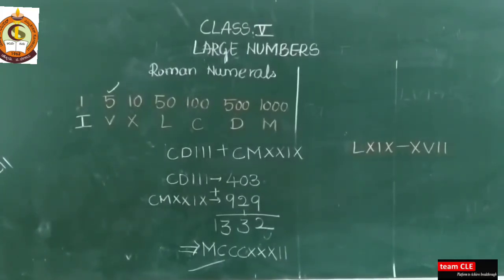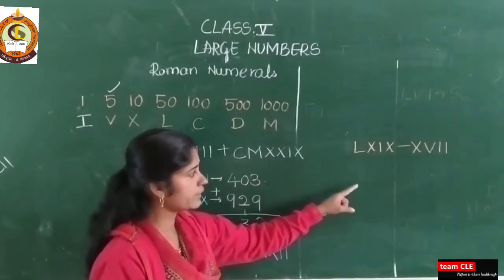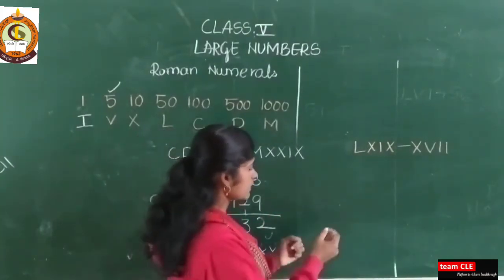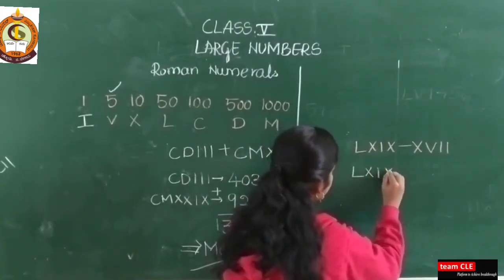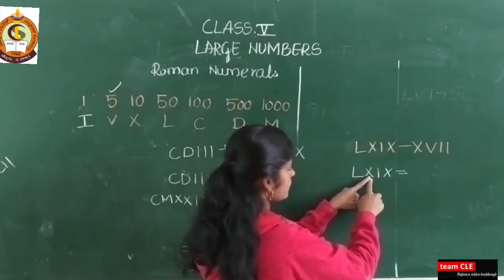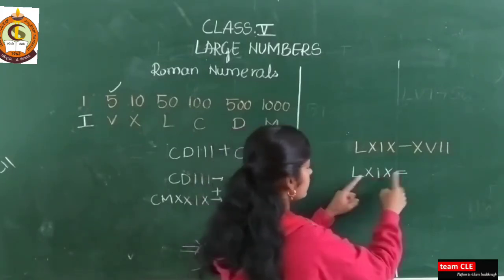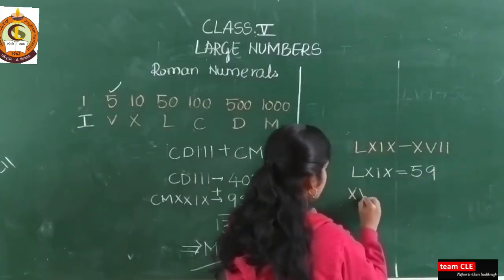Here I will take one more example. Here you have to follow the same procedure, but here subtraction is there. So just see this. LXIX means it is L plus IX, which means 50 plus 9. So this is 59. Next here what is there?